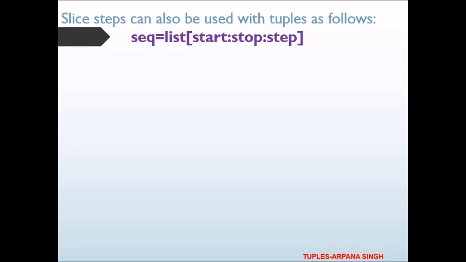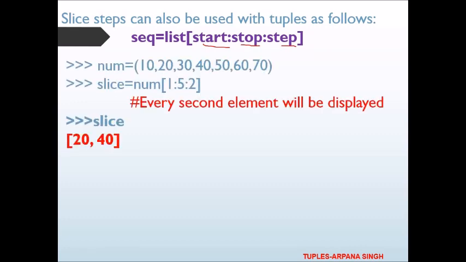So a slice can also have three integer values: start, stop and step. If you write 1 comma 5 comma 2, the first index is 1, the next index will be 5 minus 1, that is 4, and step 2. So this is index 0, 1, 2, 3, 4, 5, and this is 6.